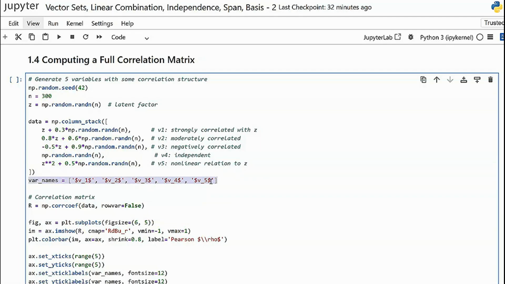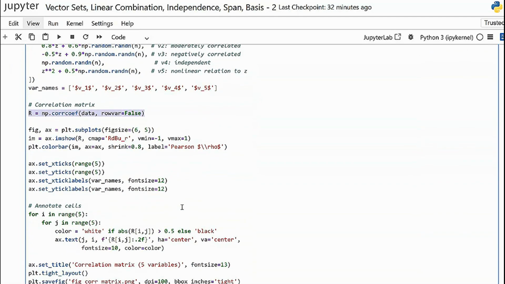Now, let me compute the correlation matrix, and kindly observe here. Setting row variable equal to false means each column is treated as a variable. Now, let me initialize a figure for visualizing the matrix, and we display the matrix as a heat map.